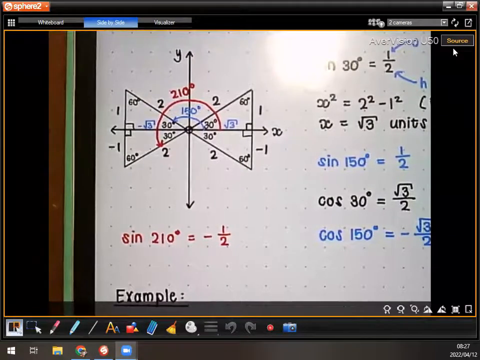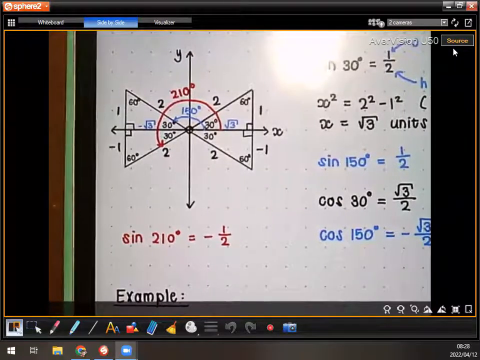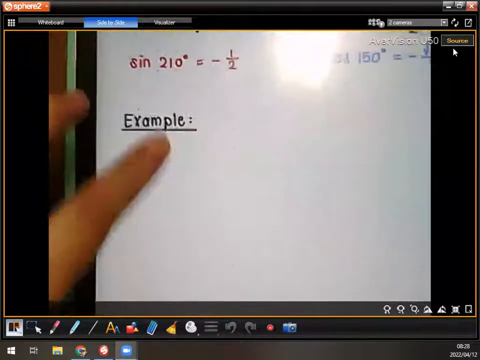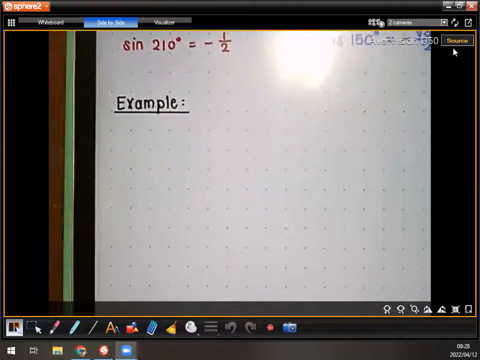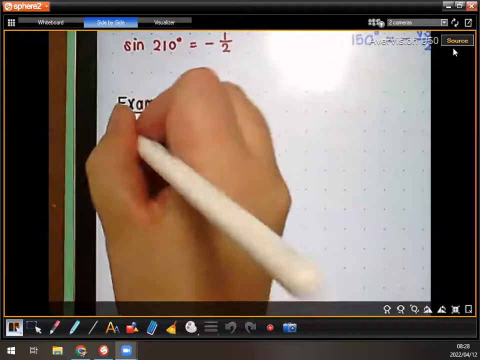Guys, let's just do another example quickly and then maybe you'll feel a bit better about it. Let me just go to this page, 109. Okay, example. We've done one, we're doing another one.